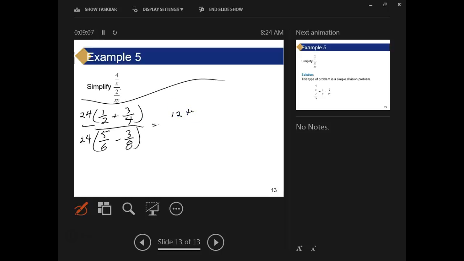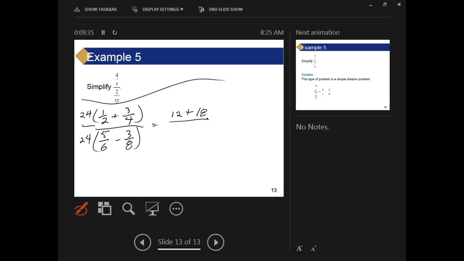Plus, now, if you do 24 times 3/4, 4 will go into 24. 6 times 3 is 18. So you have an 18 there. Everybody see what we did? Yes? Okay. Now, distribute down here. Any questions?